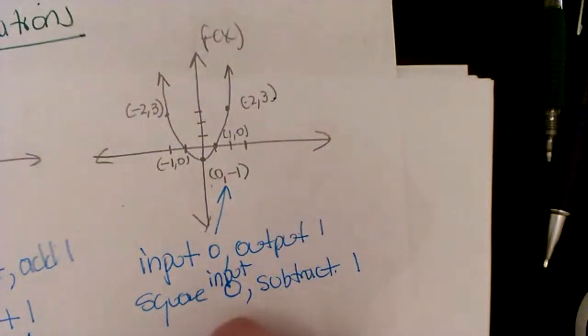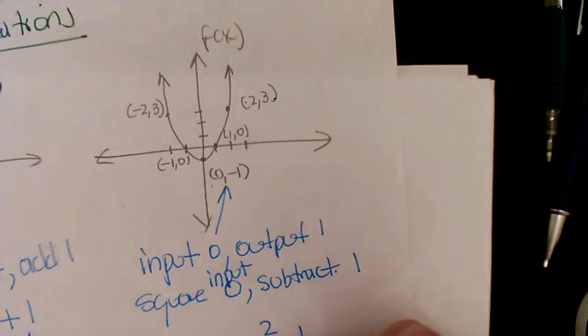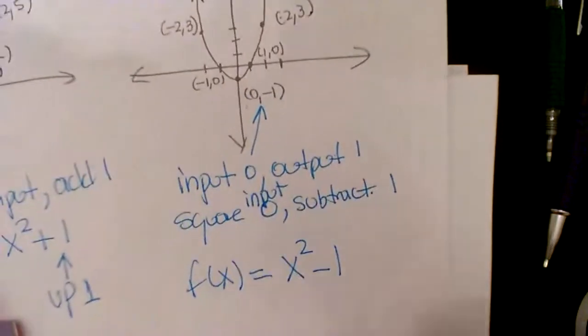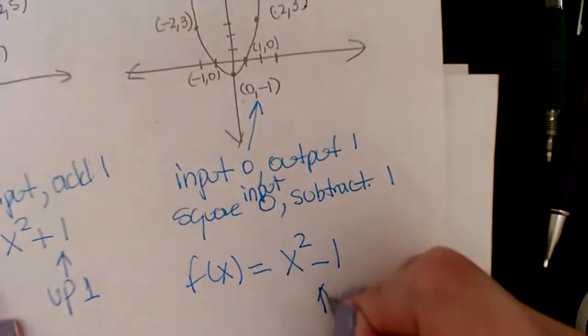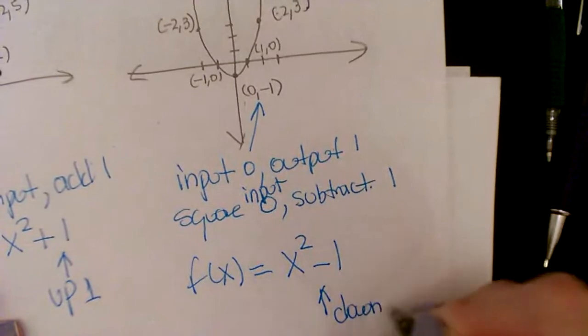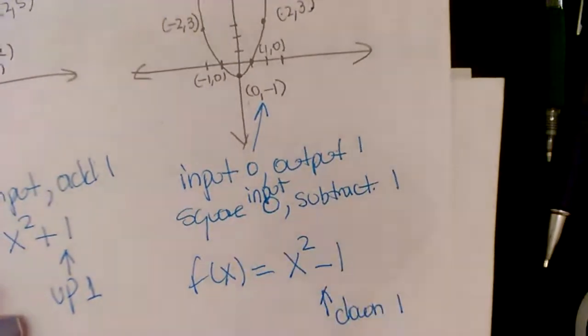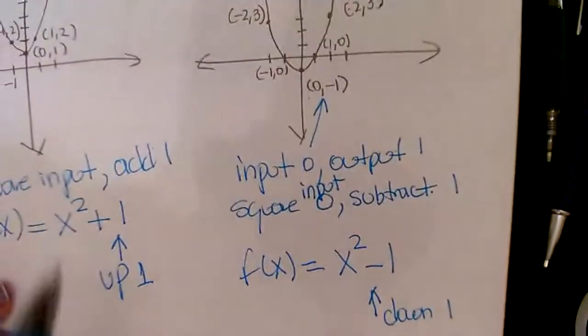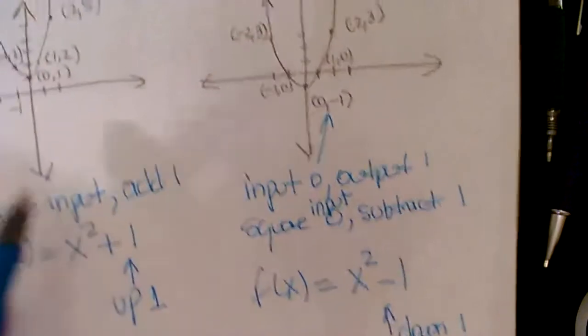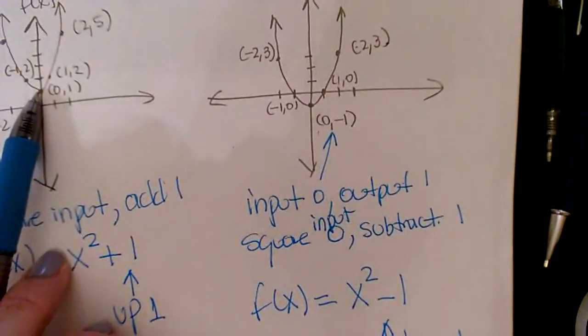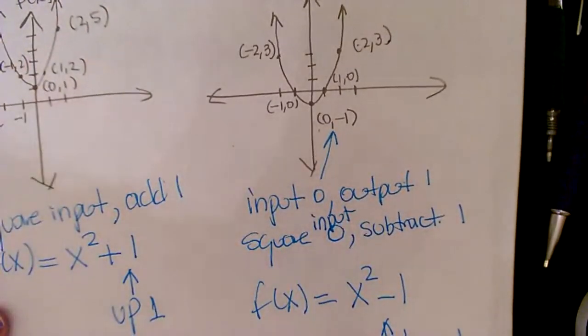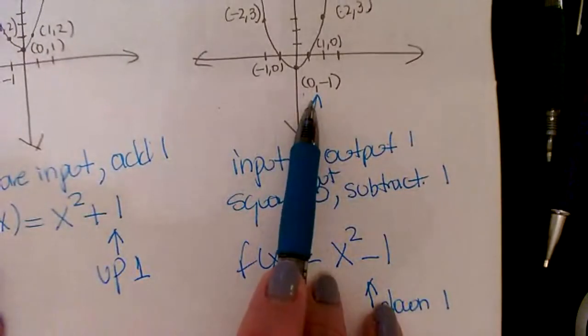Okay, so our function is going to be x squared minus 1. And notice that here says down 1. So we have x squared plus 1 equals up 1, and minus 1 equals down 1.